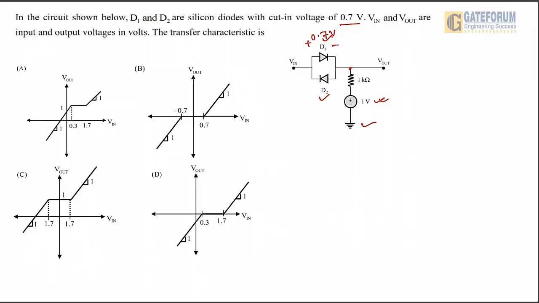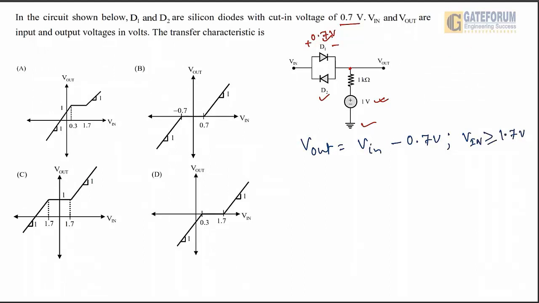Or we can write down here, how much will this voltage be? Whatever we have as V in, 0.7 will be subtracted from this V in because it is the drop across this D1 diode under the conducting state. So this V out is V in minus 0.7 volt. This equation is true only if V in is greater than or equal to 1.7 volt.